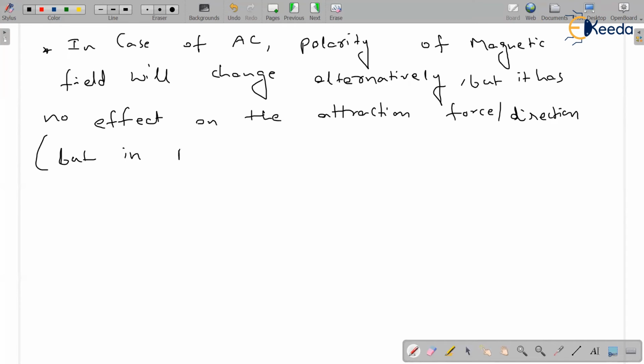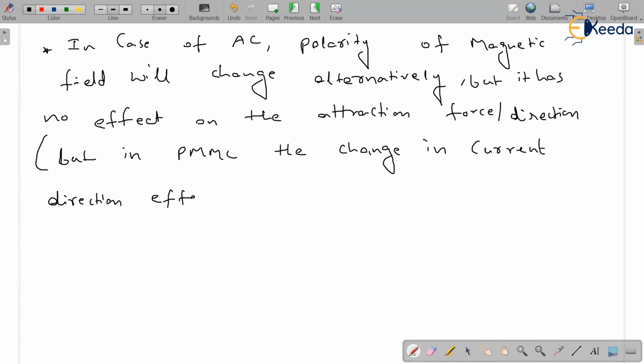But in PMMC, the change in current direction affects the force direction.